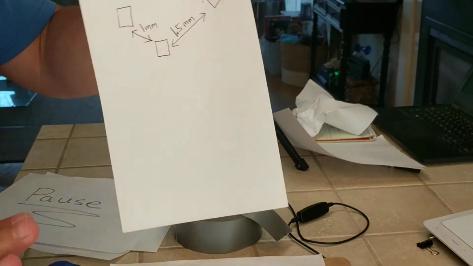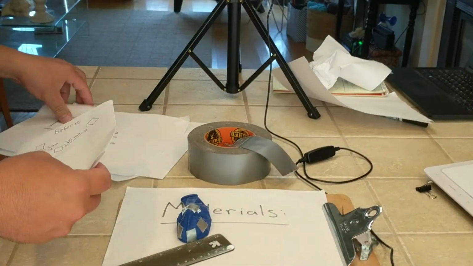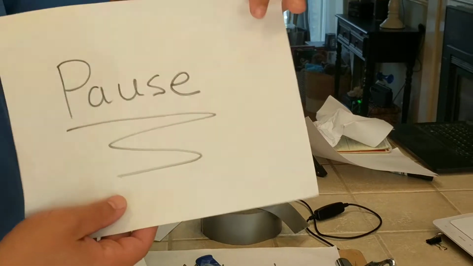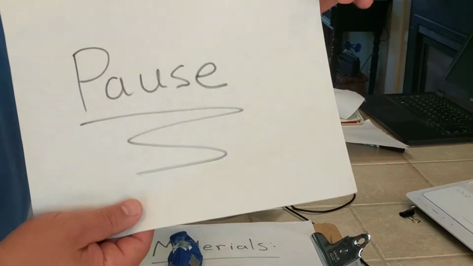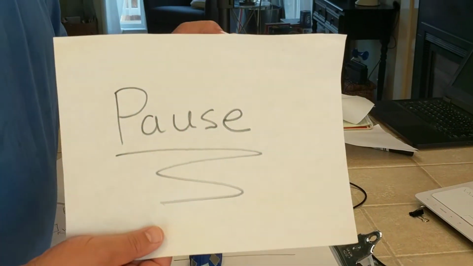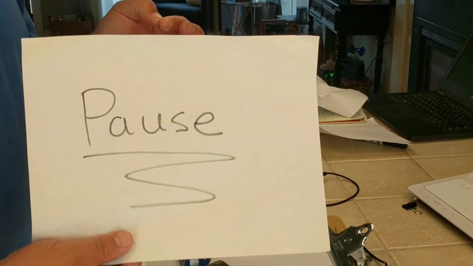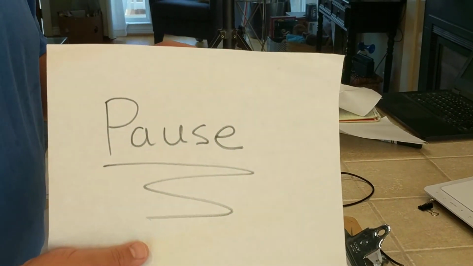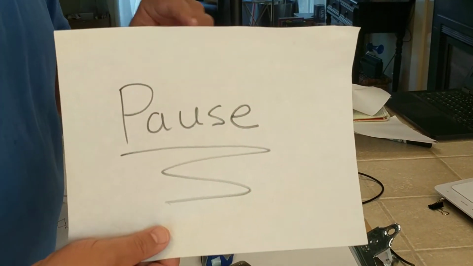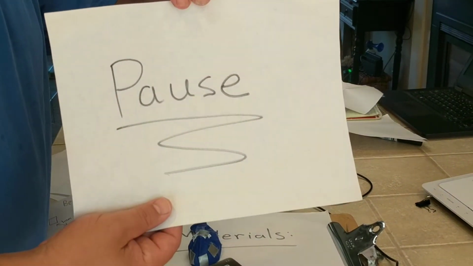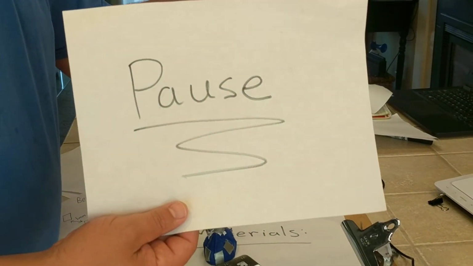So go ahead right now and pause this video, and I want you to write at least 2 scientific questions in the first section of your lab paper or lab demonstration paper.